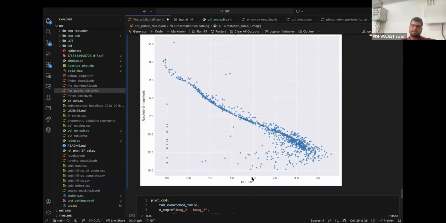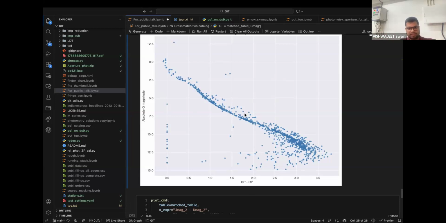Blue means hot, and usually hot stars die fast because their mass is very large, their radius is large, and they burn their source of hydrogen very fast, and then evolve to the red giant or something.